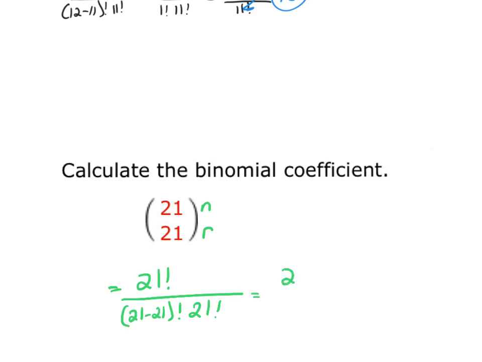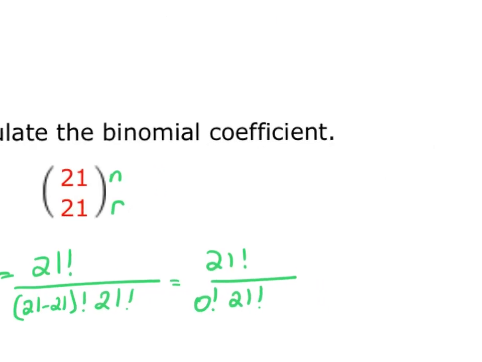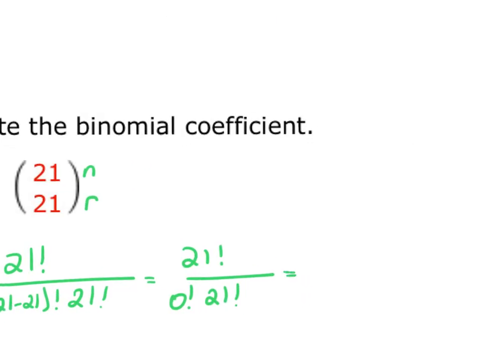Agreed? 21 factorial over 0 factorial times 21 factorial. Well, what is 0 factorial? It's 1, not nothing. And then what happens when I have 21 factorial on the top and 21 factorial on the bottom? They cancel out and become 1. Not 0, becomes 1.